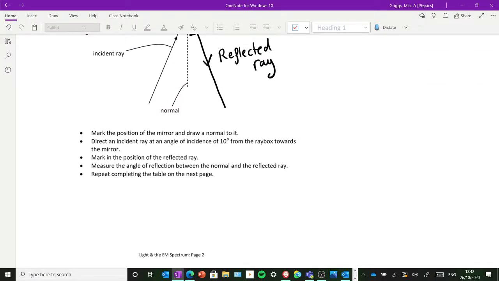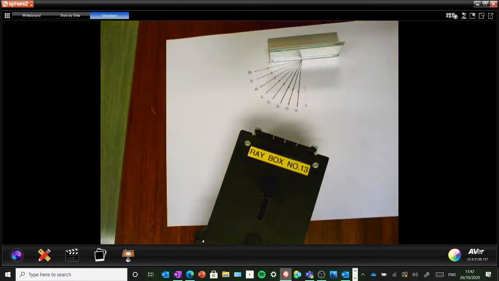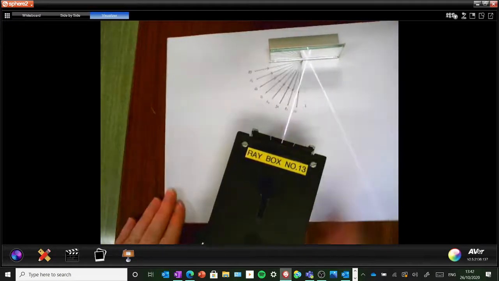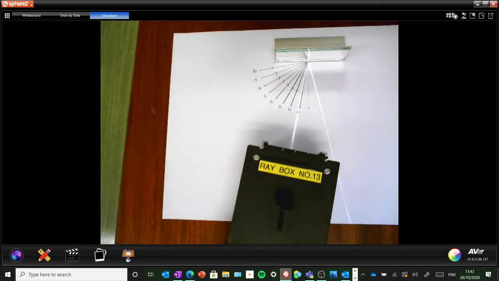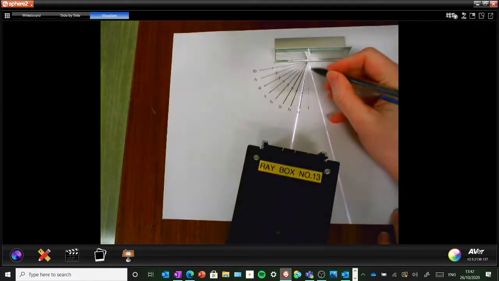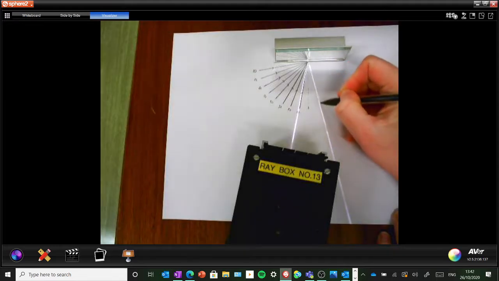What you're going to do is shine your light, and you need to make sure that it shines into where the normal hits the mirror, like that. That's me shining it in at 10 degrees. What I do then is get my pencil and lightly draw where the reflected ray is. You do a dotted line, you probably use a ruler.